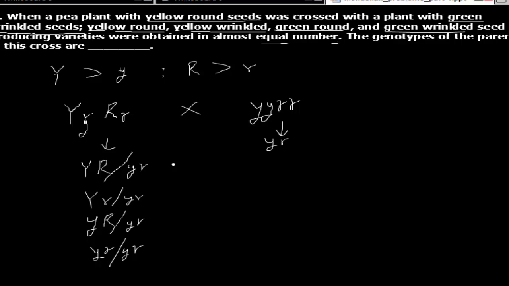So what is the phenotype of this genotypic constitution? It is obvious, it is yellow round. Similarly, what will be the phenotype of this? This will be yellow wrinkle.